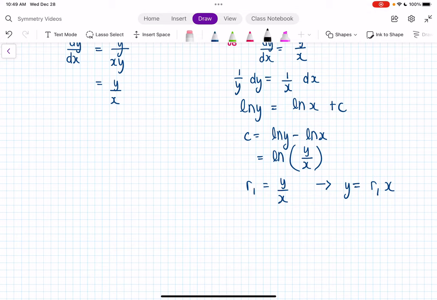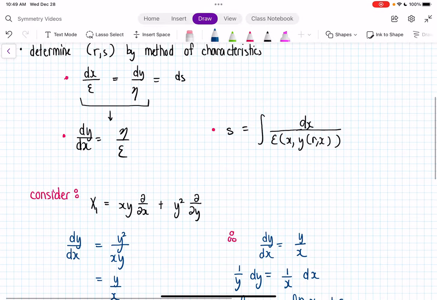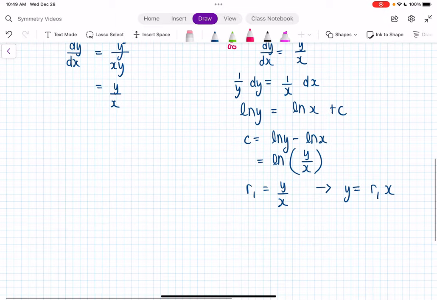Rx. So remember, to find S, we are going to use this over there. I'm going to say S is equal to, and I'm going to call it S sub 1 again.